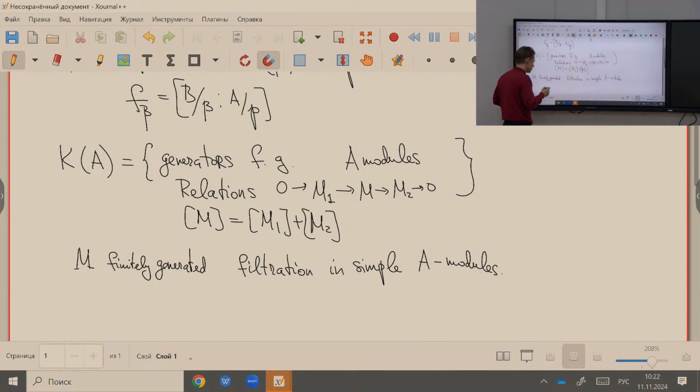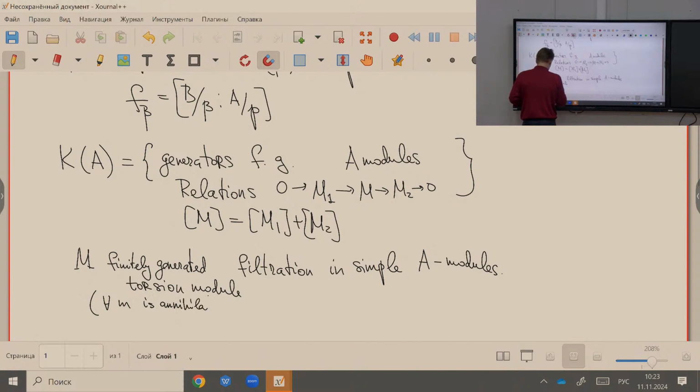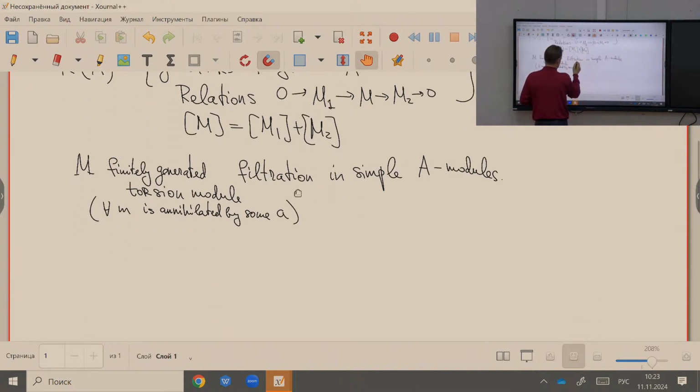But suppose it is a torsion module, so any element is annihilated by some element of A.